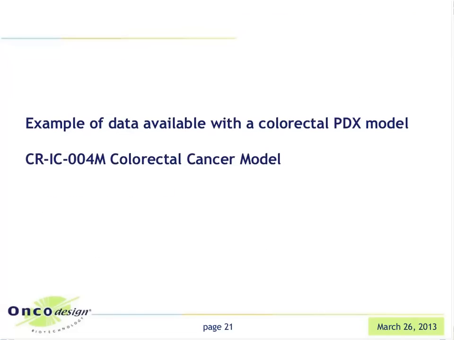I will just go very quickly through the next slide. This is an example of the data that we'll share when you purchase a model at Taconic or CoDesign. So this is an example of one of the models that we call CRIC-004M. This is a metastatic model.